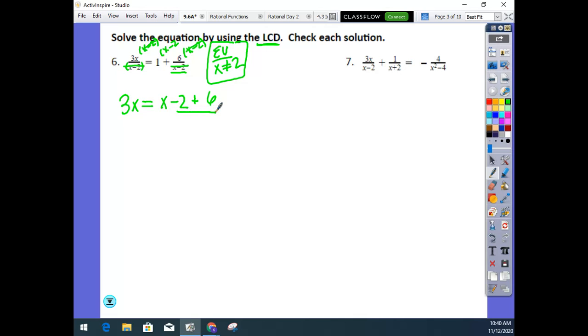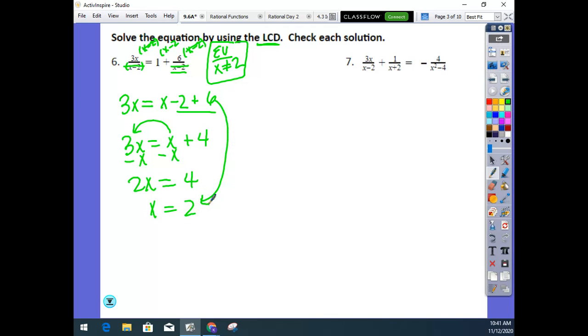I can just combine my like terms. Then I'm going to move the x over to the other side by subtracting it. Divide by 2. All right, so here's the problem. The only answer that I can get through this is positive 2, but that's my excluded value, which I can't use. So this one is no solution.